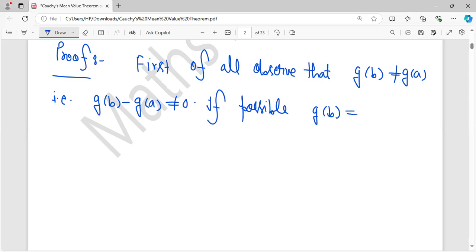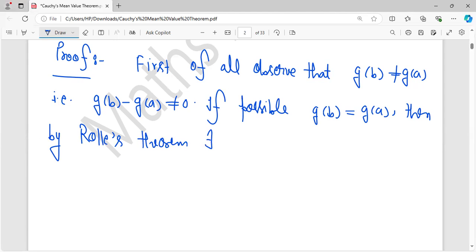g(b) is equal to g(a), then by Rolle's theorem, there exists chi belonging to the open interval (a, b) such that g'(chi) is equal to 0.